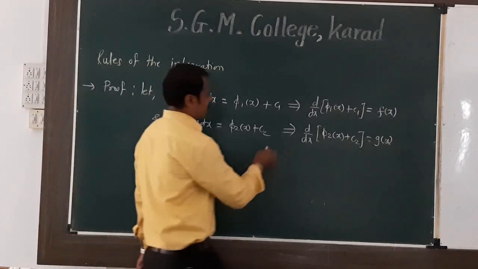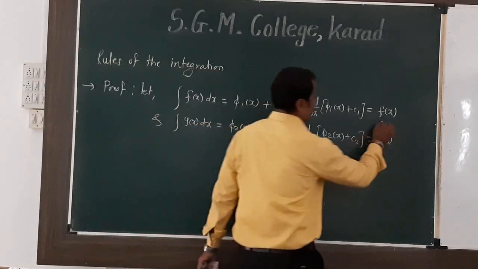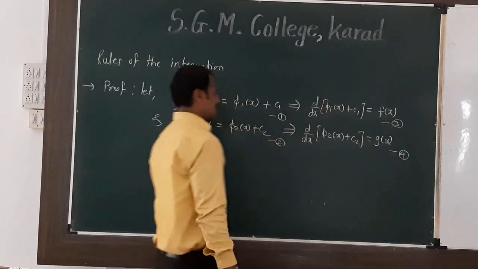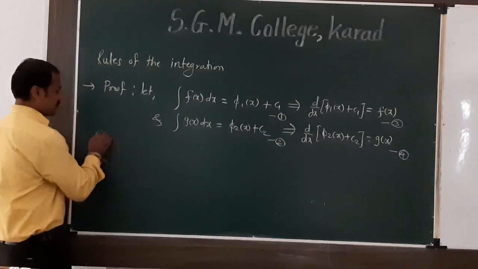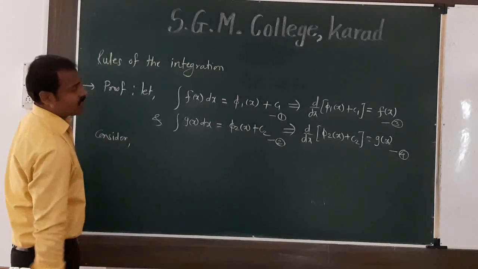Yes, it's our equation number first, it's our equation number second, it's our equation number third, and it's our equation number fourth. Consider we add equation third and equation fourth.